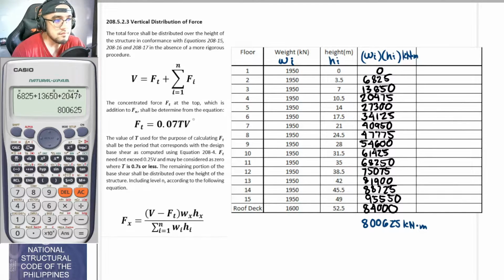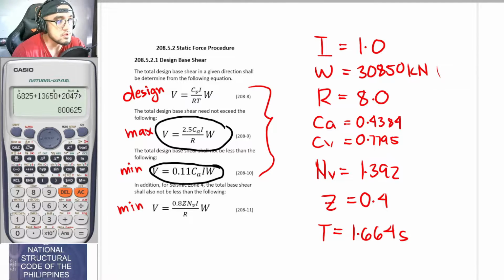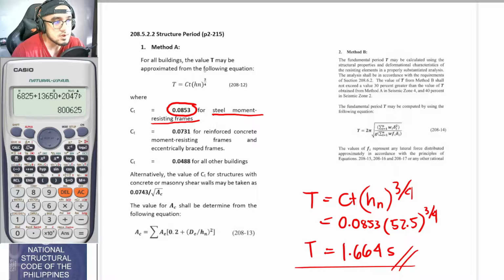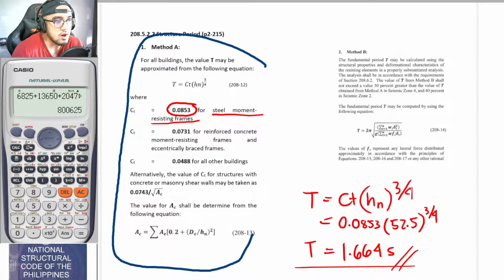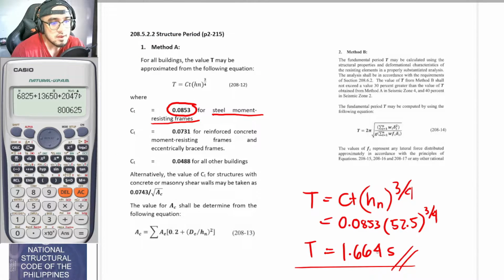Okay, so for the value of FT first, let us check if we need to solve for the value for FT. So previously, we have already solved for the period. So the period would be as follows. So using method A, we have already solved that the period is equal to 1.664 seconds.